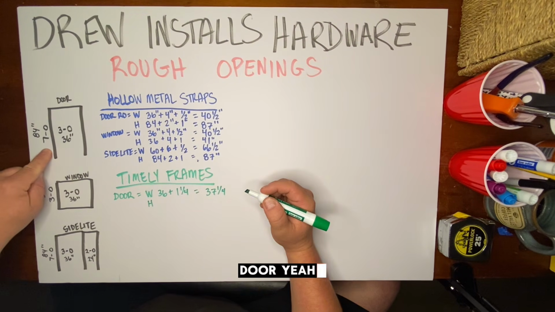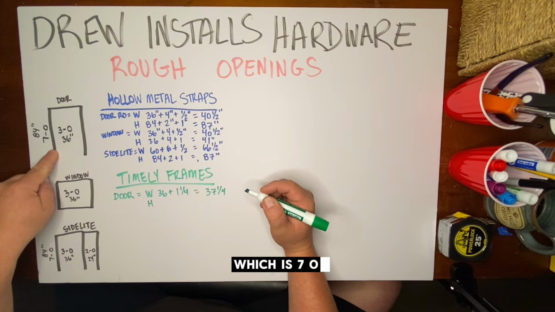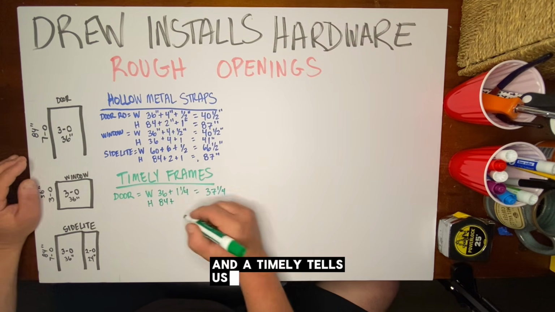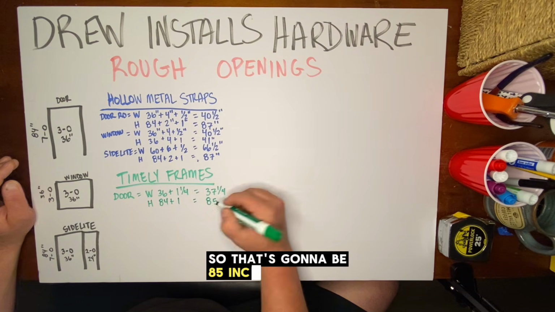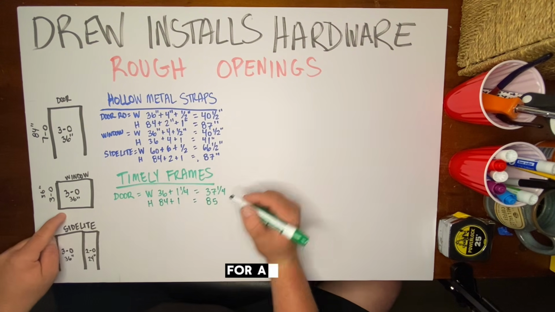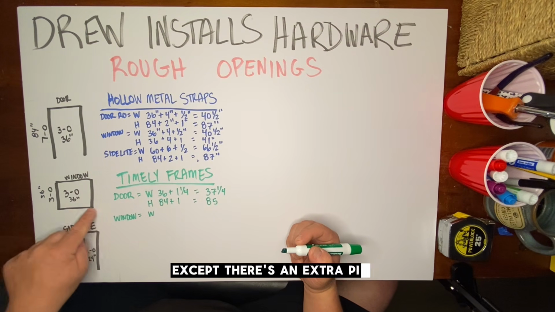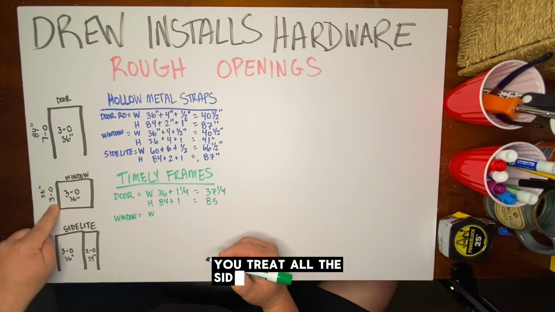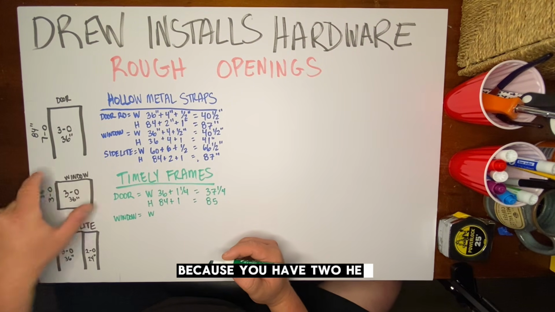So the height is going to be the nominal height, which is 7/0 or 84 inches, and timely tells us to add an inch. So that's going to be 85 inches for a standard door. For a window, the window is the same as the door, except there's an extra piece, right? So you treat all the sides like the width, basically, because you have two here.